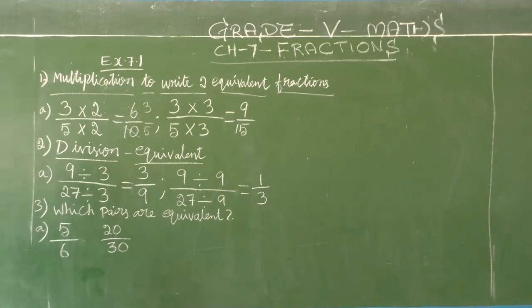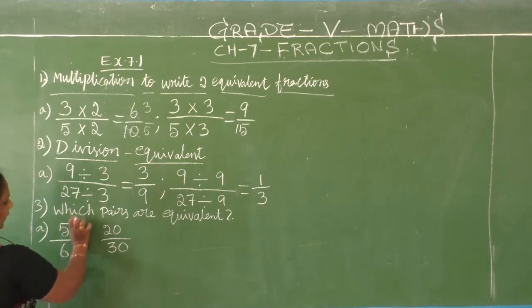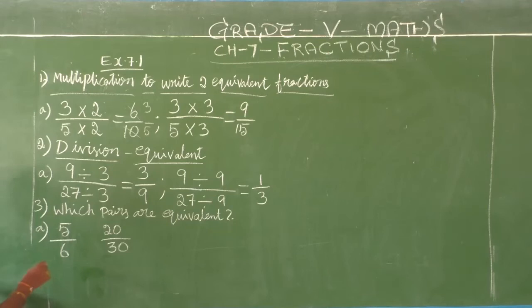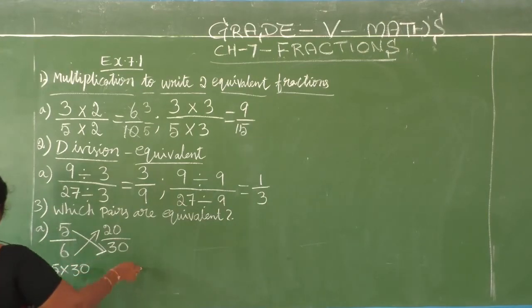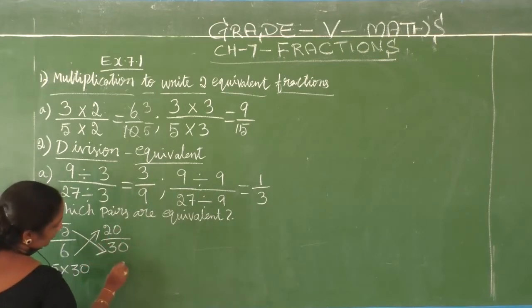We have a shortcut method. We can do cross multiplication. By cross multiplication we can find out whether they are equivalent fractions or not. See, 5 into 30, and this side 20 into 6.